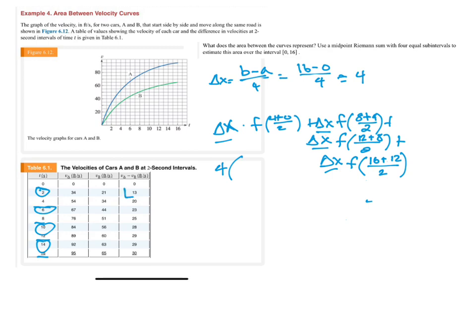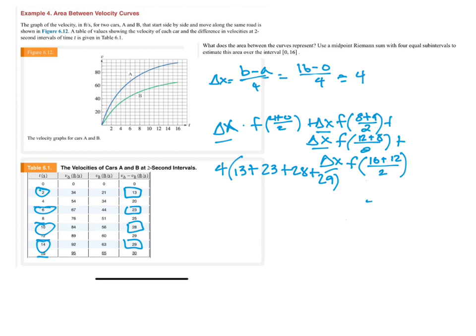So I'm going to go to this number right here, 13. Plus, don't close parentheses. We've got a whole sum in here. Plus 23, plus 28, plus 29. So 4 times 13 plus 23 plus 28 plus 29.